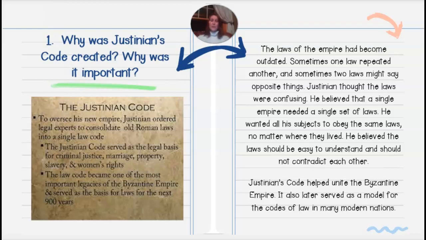Justinian thought the laws were confusing. He believed that a single empire needed a single set of laws. He wanted all his subjects to obey the same laws, no matter where they lived. He believed the laws should be easy to understand and should not contradict each other. Justinian's code helped unite the Byzantine Empire. It also later served as a model for the codes of laws in many modern nations.